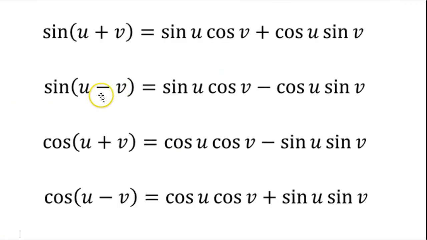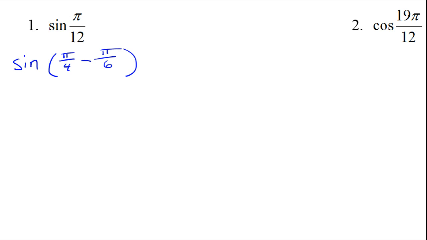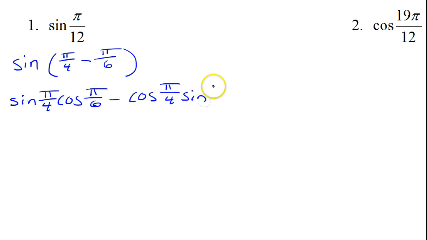According to the formula, this should be equivalent to sine cosine minus cosine sine. So I can rewrite this as sine pi over 4 cosine pi over 6 minus cosine pi over 4 sine pi over 6.